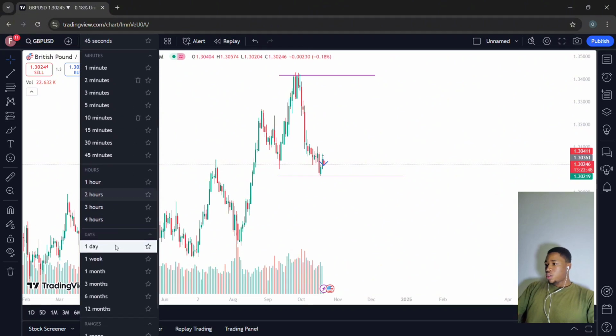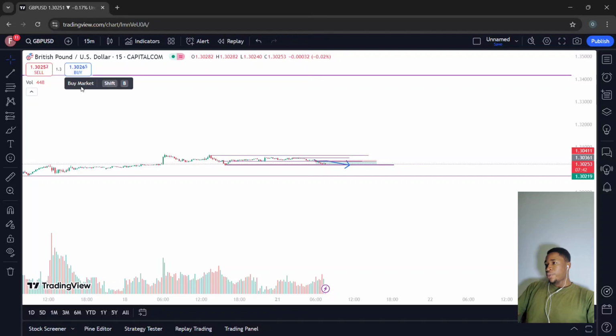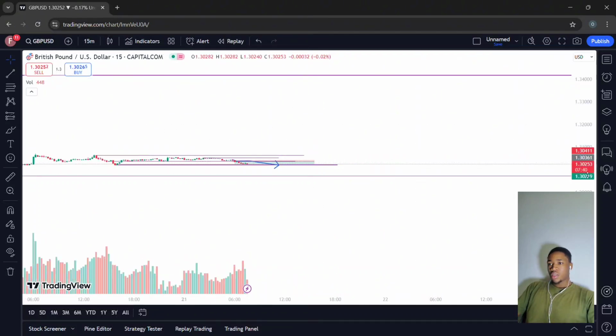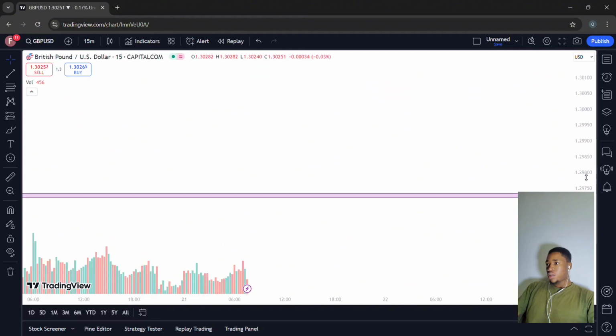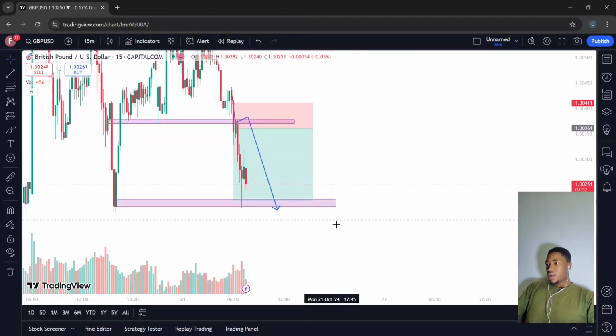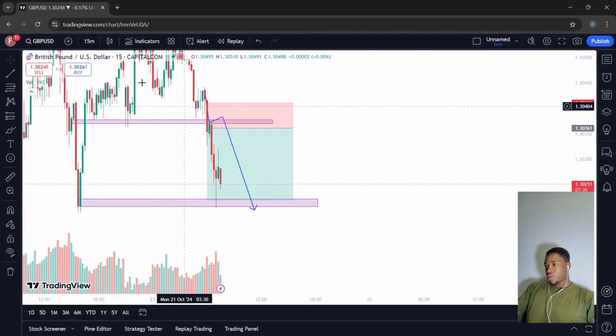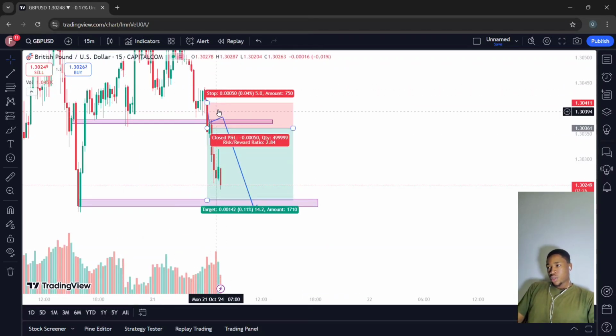On the 15-minute time frame of British pounds, using the strategy of support and resistance, I actually predicted this and it hit TP right here, then we tested up.